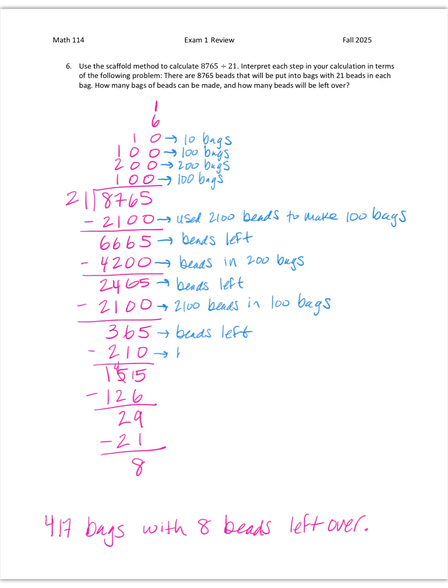So this is the number of beads used in the 10 bags that we just made. And then we subtract to see how many beads we still have left to put into bags. And 365 minus 210 is 155. And so I have 155 beads left to put into bags.